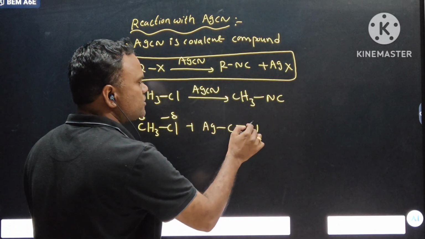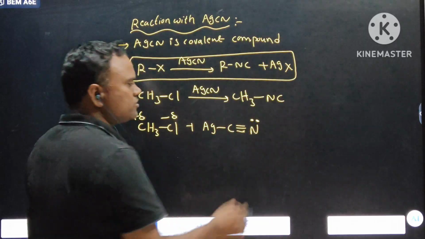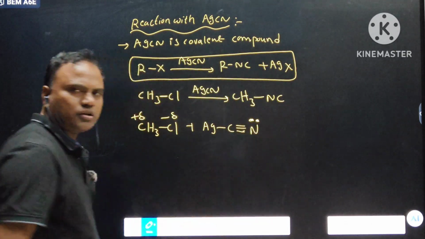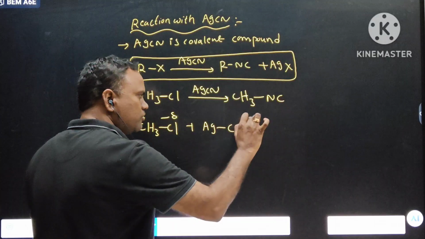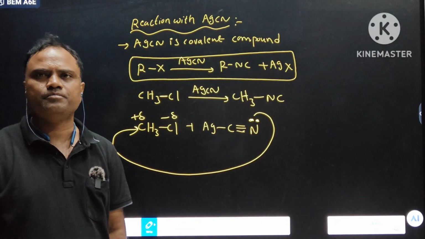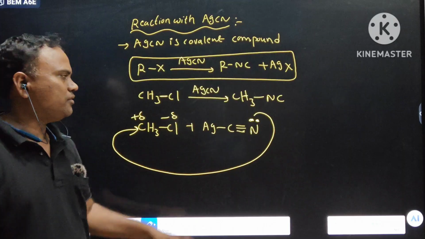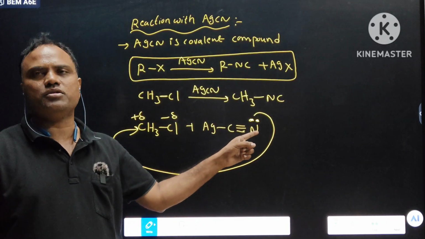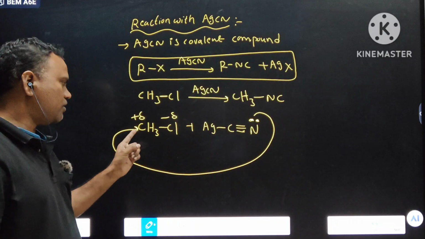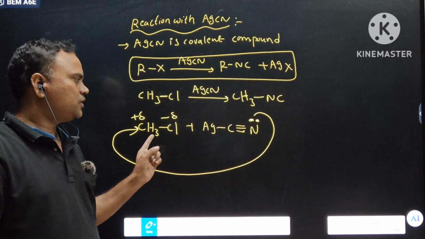Nitrogen. So in this case, nitrogen carries one lone pair. That nitrogen lone pair of electrons, electron density, so nitrogen with lone pair attaches to this. Clear? Then nitrogen will get 4 bonds, because nitrogen is making a new bond with carbon.